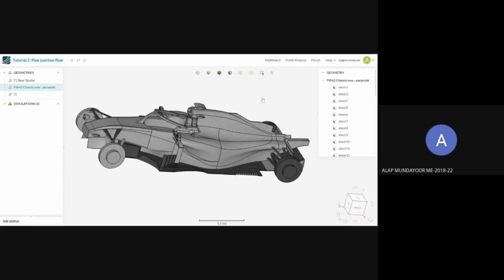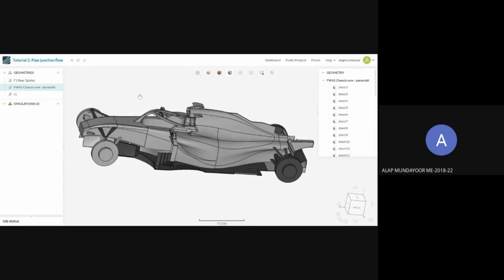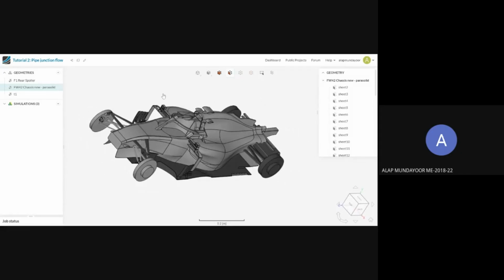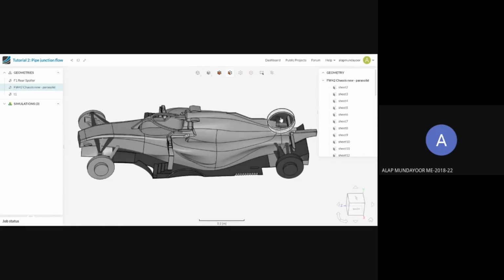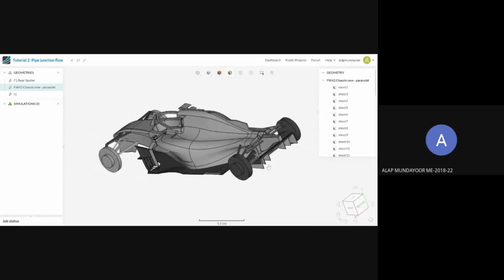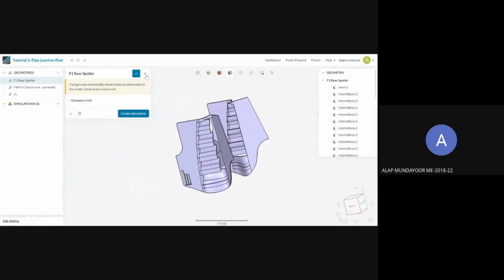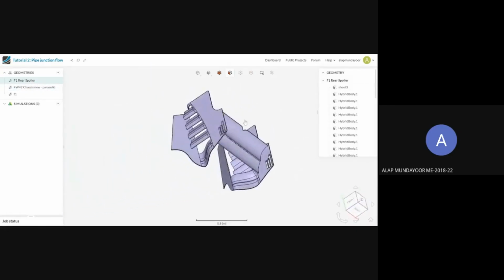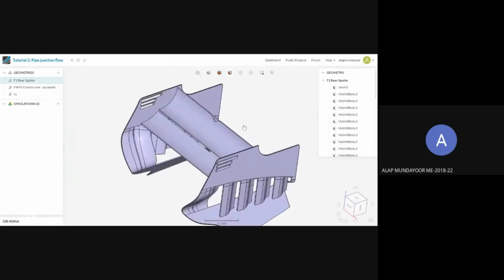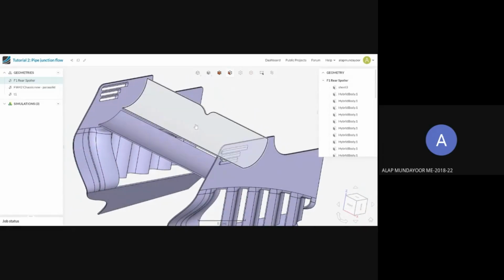As you can see, it is in a very streamlined position, which is highly suitable aerodynamically. The back part of the F1 car is fitted with the rear wing, which is shown as follows. This is the rear wing of an F1 car, and these two are the flaps.